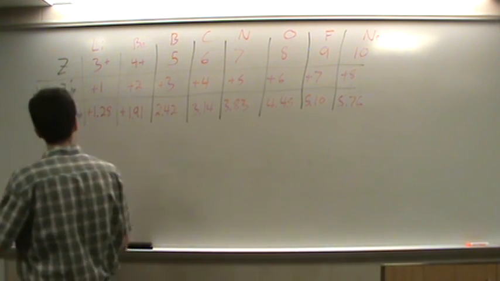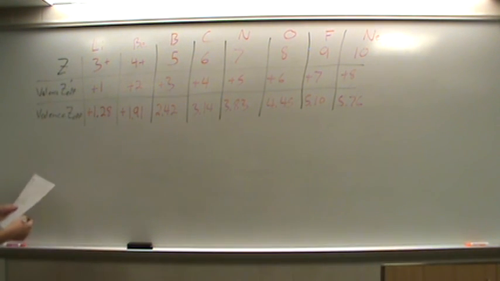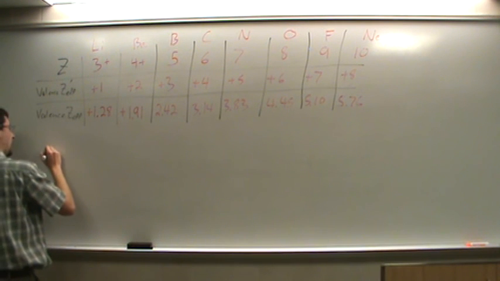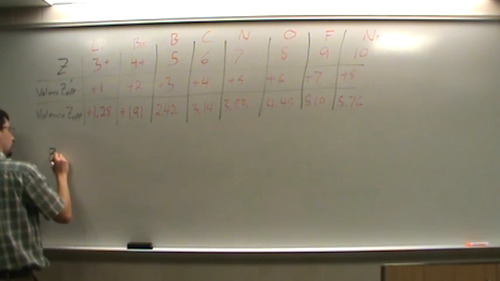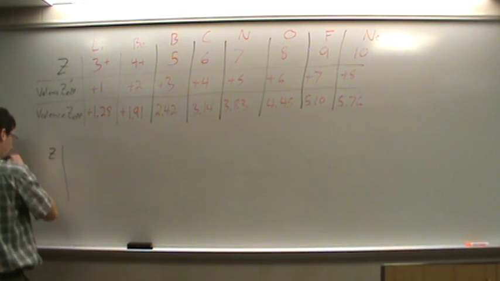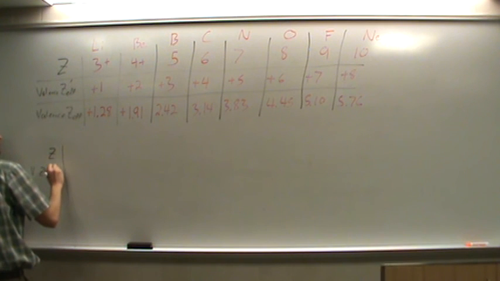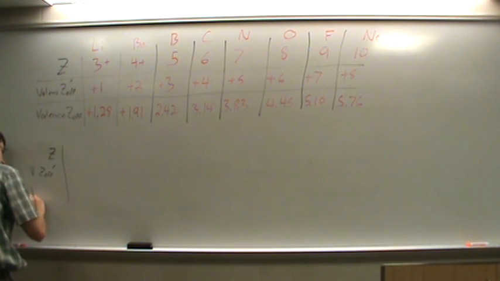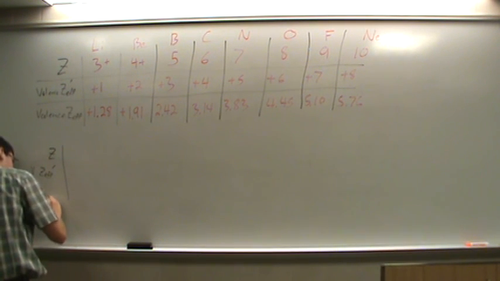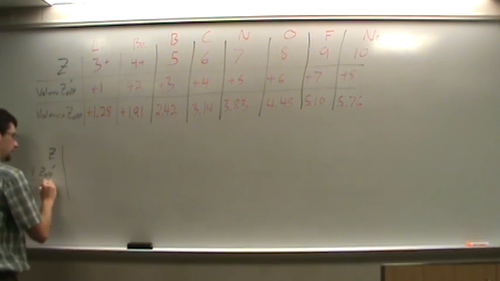Let's see that. We're going to keep track of lithium and the first group, the alkali metals. We're again going to plot the exact same thing. We'll look at Z, the valence Z effective prime, and then the actual Z effective.